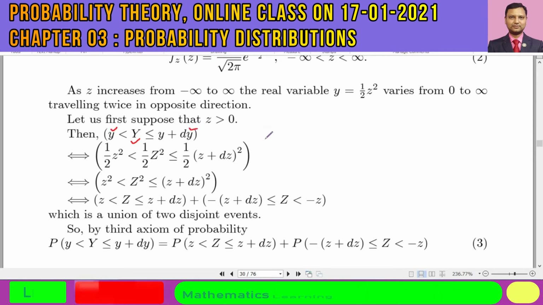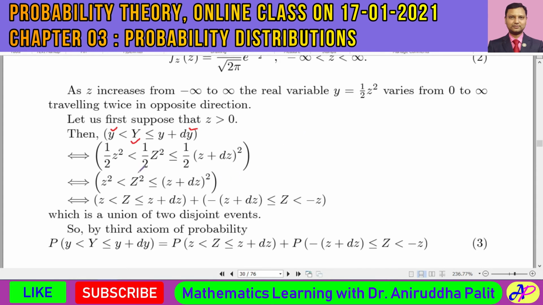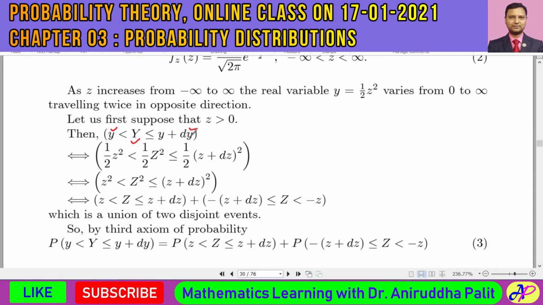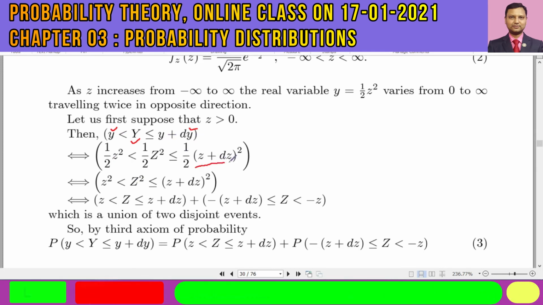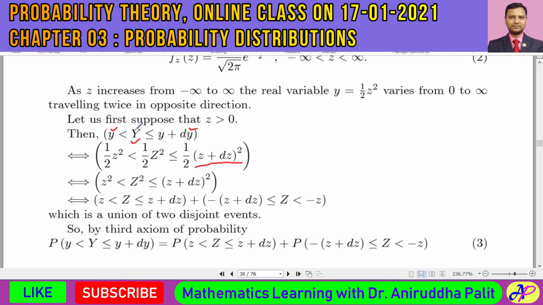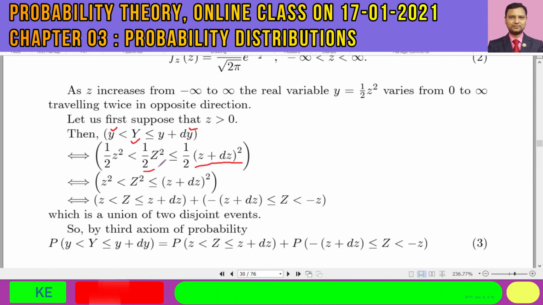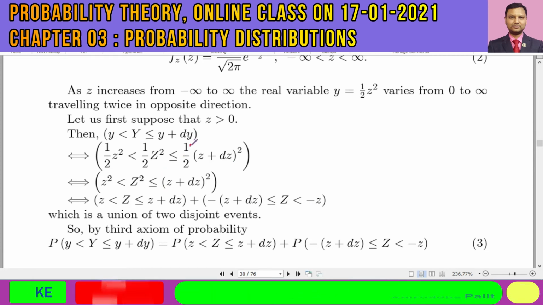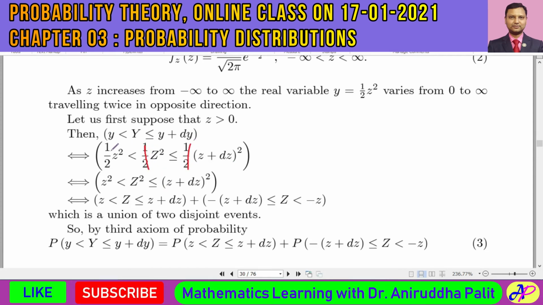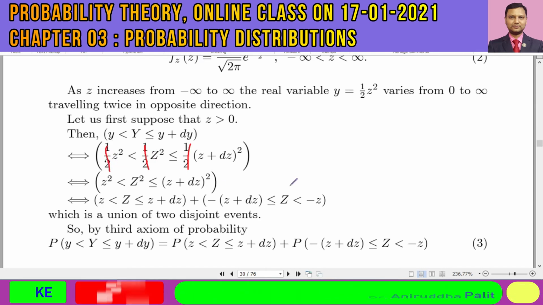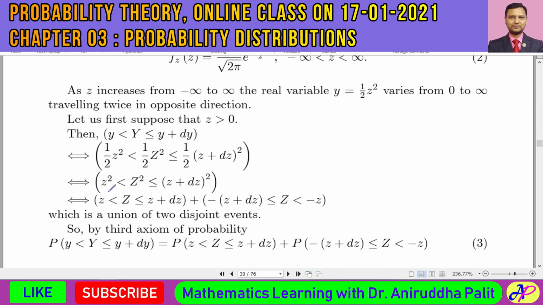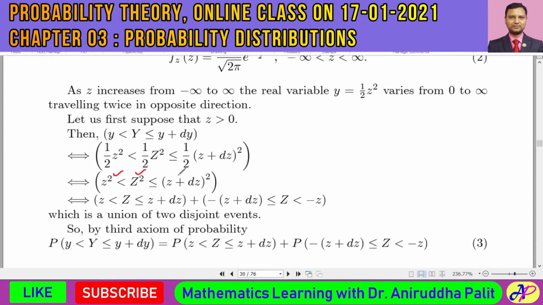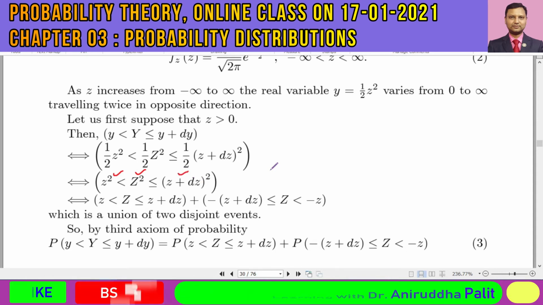Then small y means half of z square, y plus dy would be half of (z plus dz) whole square, and capital Y is equal to half of capital Z square. Got it? So forget all these halves. Ultimately we will have this type of result: z square less than capital Z square, and that is less than (z plus dz) whole square.